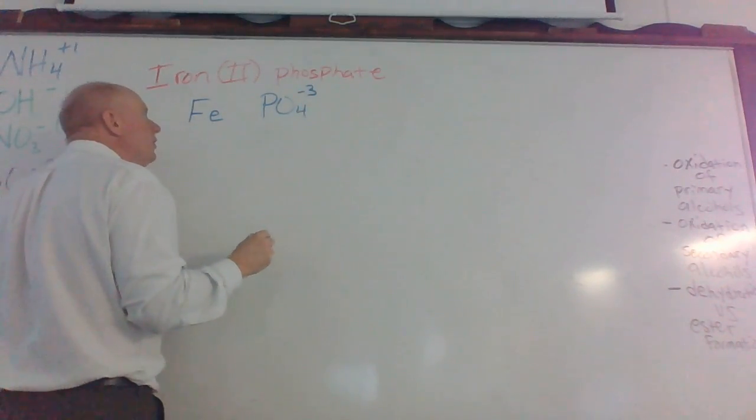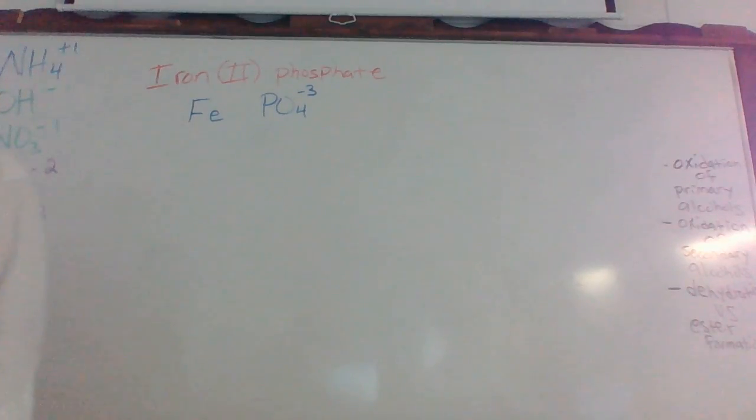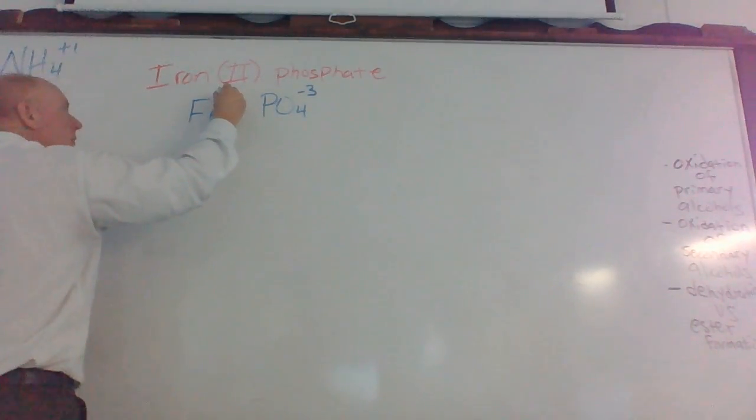Okay, so iron can have a charge of what or what? So then how do you know which one to put down? The Roman numeral tells you what to put down then. Okay, so this is a +2.